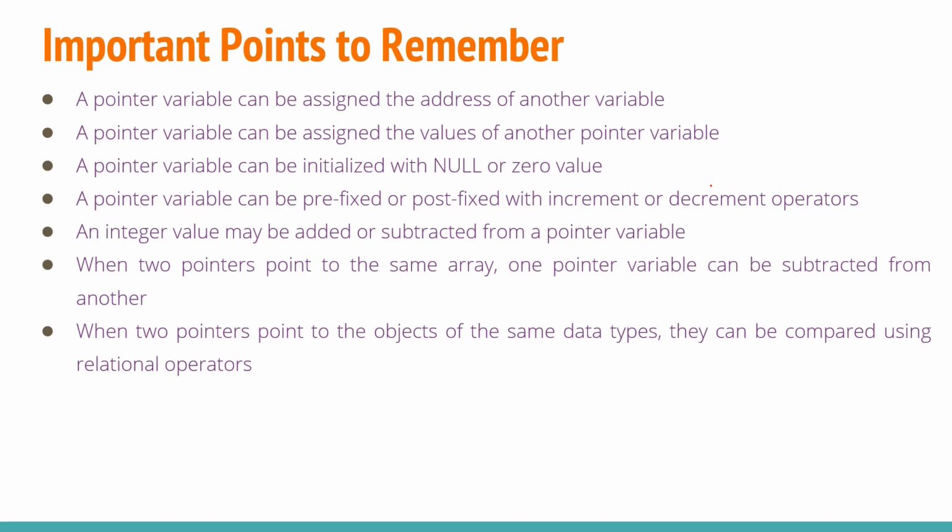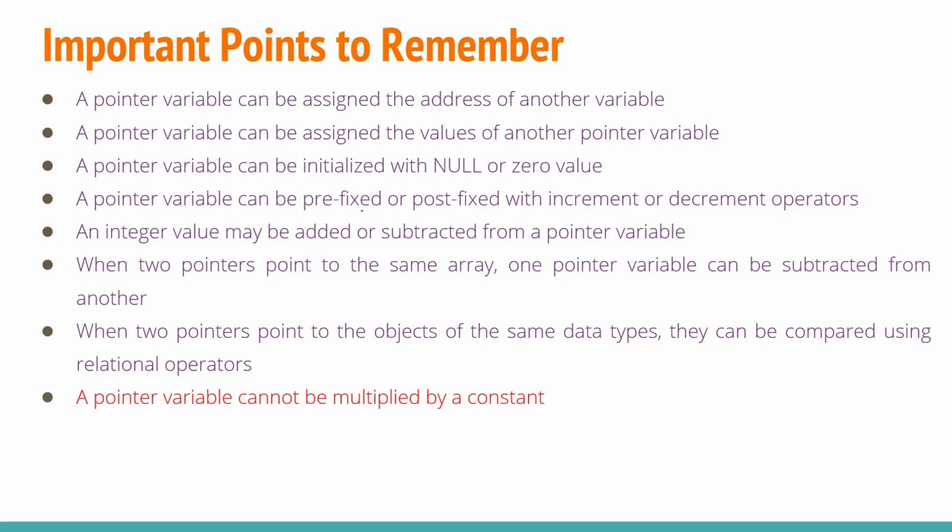And you can even use relational operators. When two pointers point to objects of the same data type, they can be compared using relational operators. If this condition is not true, then you cannot use relational operators to compare such pointers.